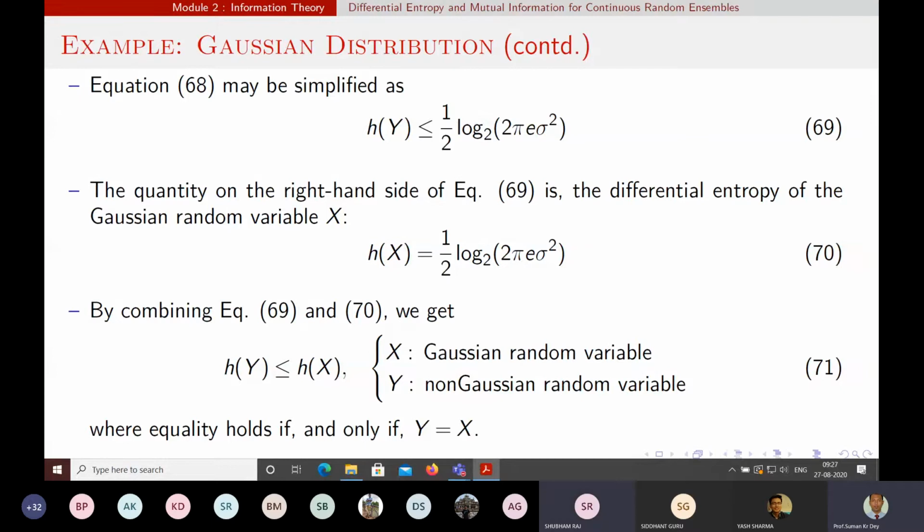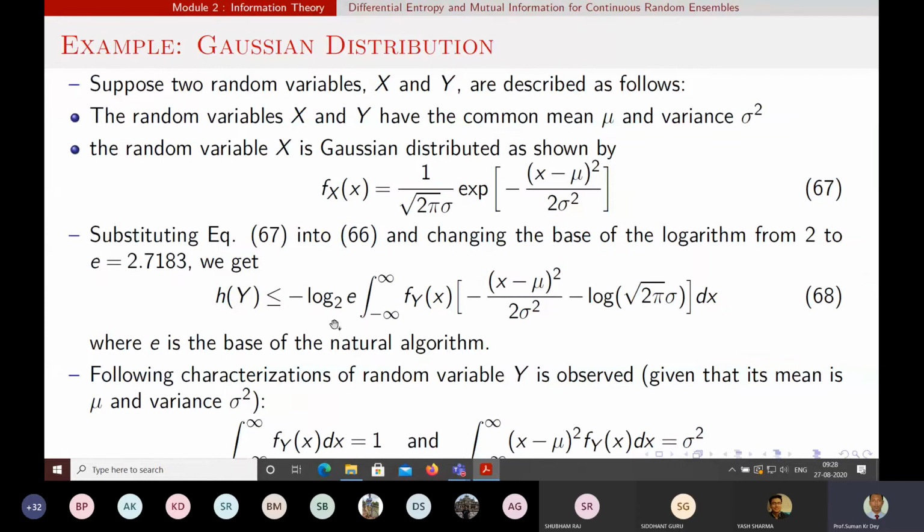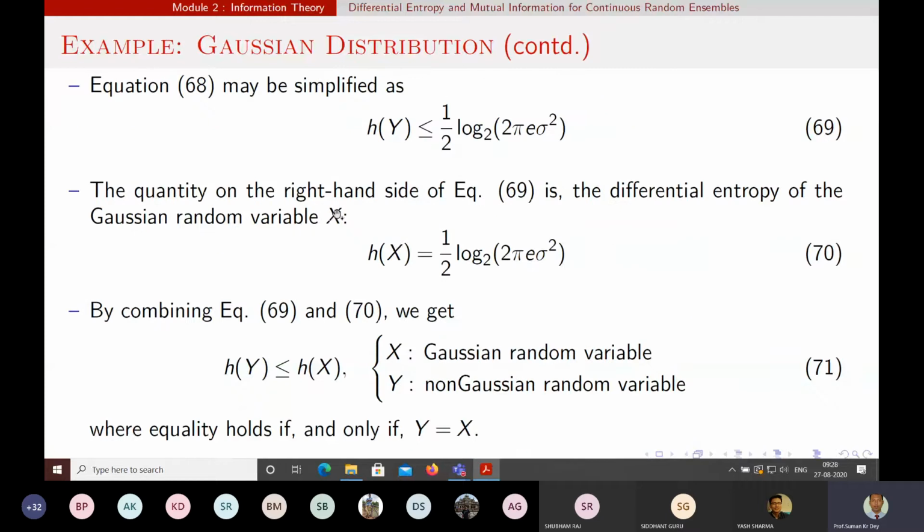The equality is clear, but how is h of x equal to this? We are assuming it is a reference point, meaning we have to calculate the terms from there. Let me tell you one thing about reference points.